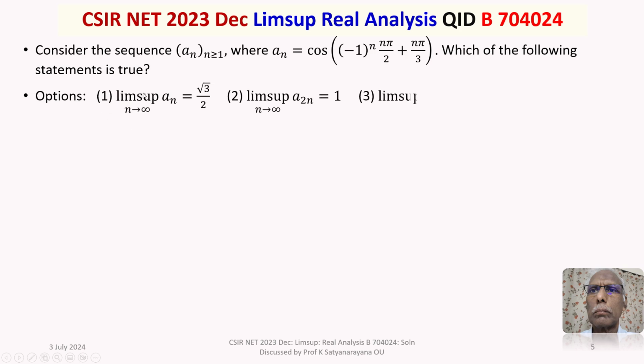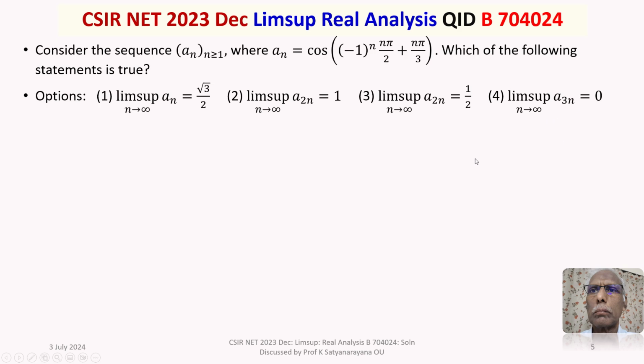Option 1, limit superior of a_n as n tends to infinity is root 3 by 2. Option 2, limit superior of a_2n as n tends to infinity is 1. Option 3, limit superior of a_2n as n tends to infinity is 1 by 2. Option 4, limit superior of a_3n as n tends to infinity is 0.